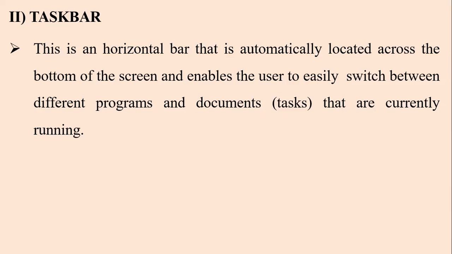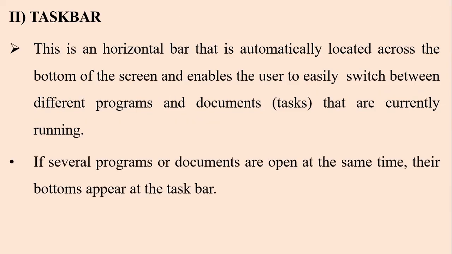This means that if you open any program or any window, that program or window will be listed on the taskbar, especially on the part that I have called the task manager. If several programs or documents are open at the same time, their buttons appear at the taskbar.